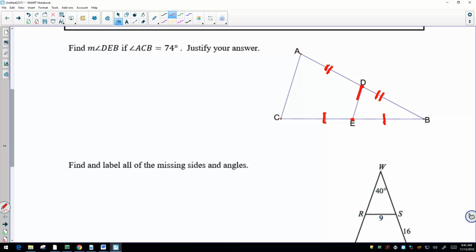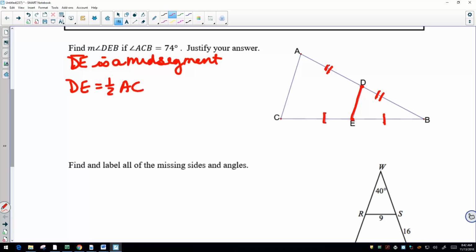So right away, since I'm connecting two midpoints, DE is a midsegment. So that means it is half the length of AC. So I could say DE is half of AC. I can also say DE is parallel to AC.